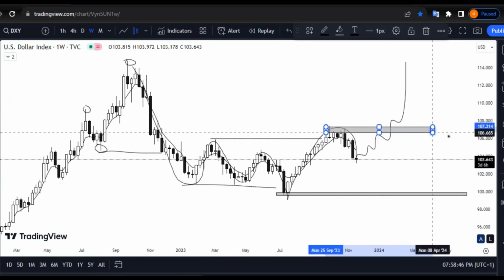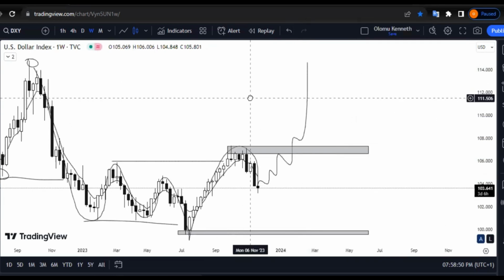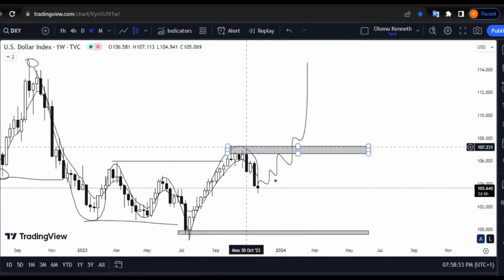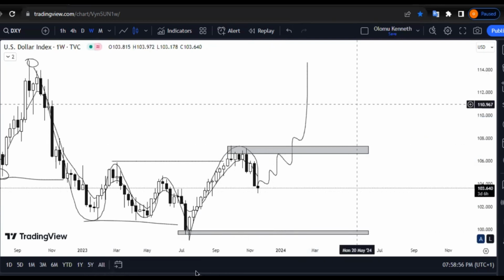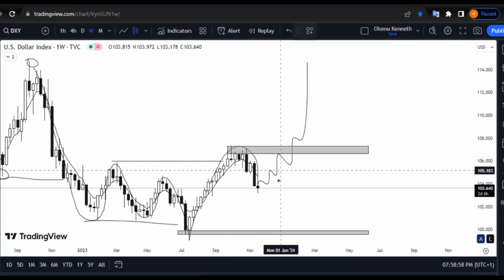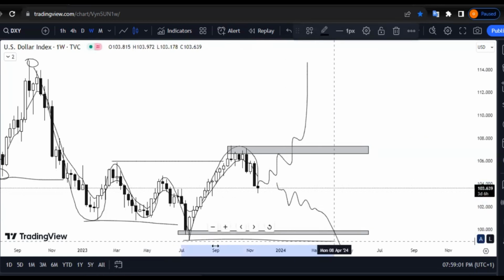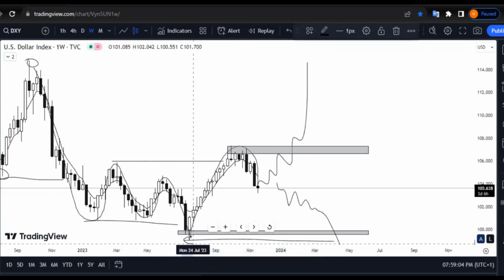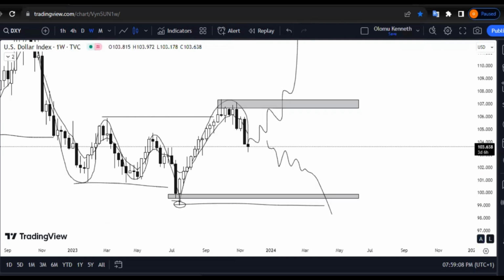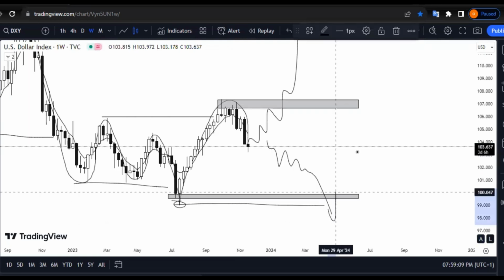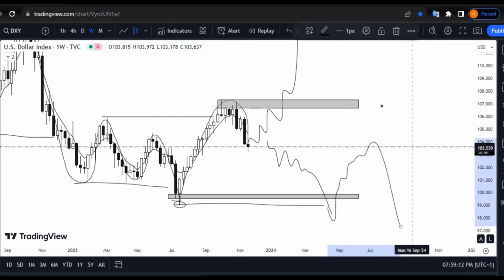So here is the weekly range. So price is currently within the range. So we want to see either the market is going to push back to the upside or we keep going to the downside until we have a break of this low, and then we have a correction to the upside, then pushes back to the downside.